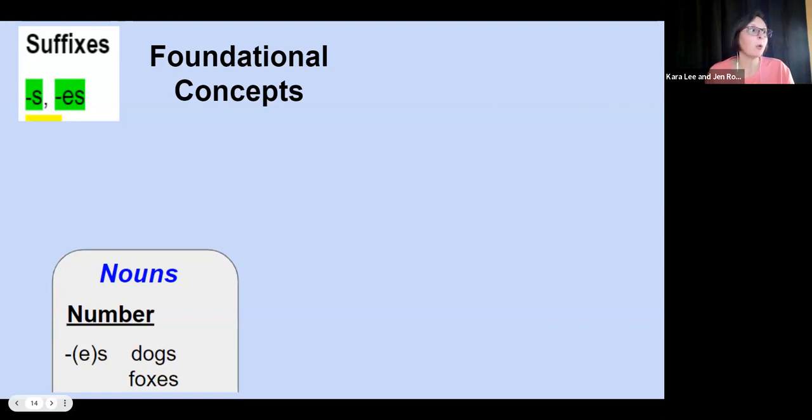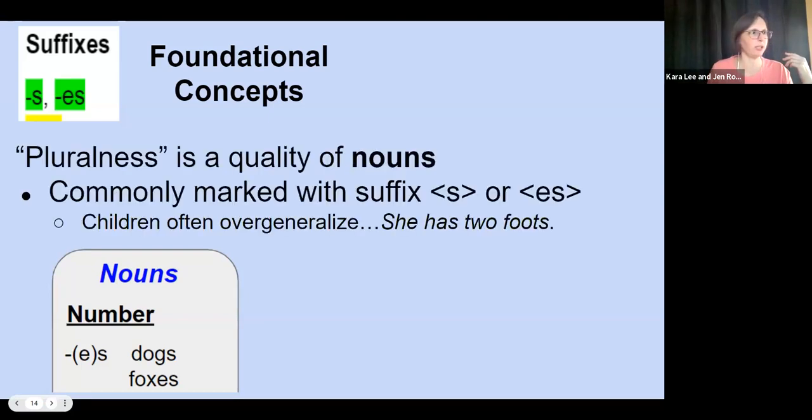And so we've got to address, early on in our work with kids, the written form of what they already know in their spoken language to be this thing called pluralness, even though that's not really what they would call it. So pluralness is what we can call this idea, and it's a quality of nouns.